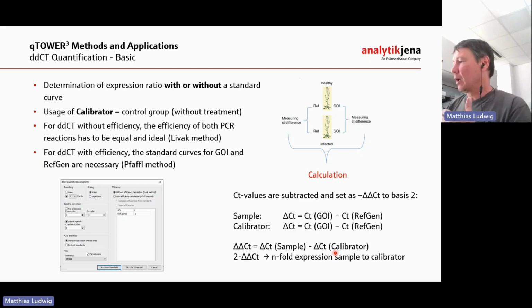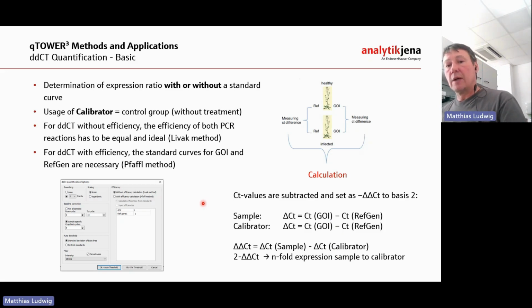It could be a difference in the pH value, or maybe insects on plant materials, and they switch on some parts of the genes to produce some metabolism and so on. For this, the delta CT method is useful.